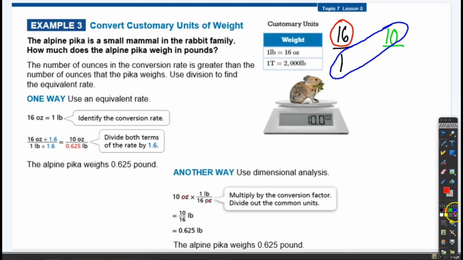Now we multiply the bat. 10 times 1, we get 10. Now we divide by the ball, 16. 10 divided by 16 equals 0.625.